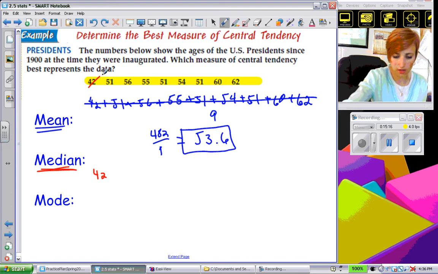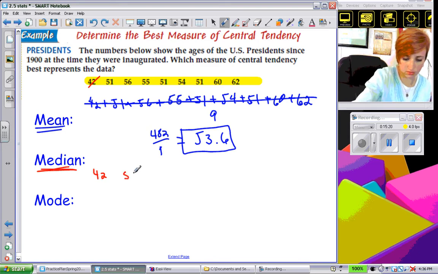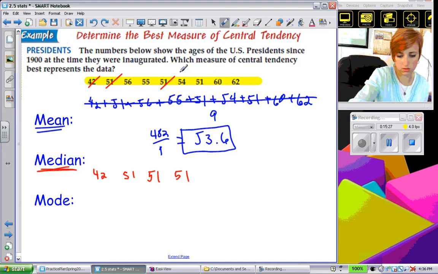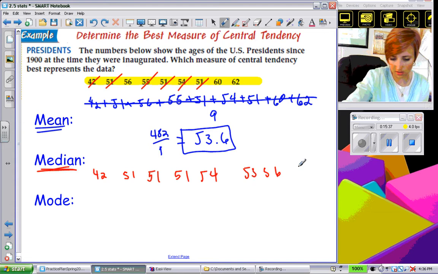Okay, and then our next youngest age is 51, and I have 3 of those. So 51, 51, 51, then a 54, 55, 56, 60, and 62.